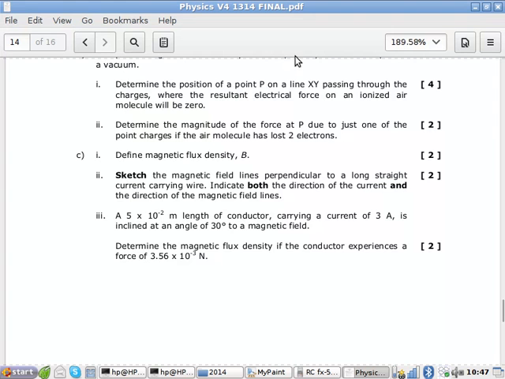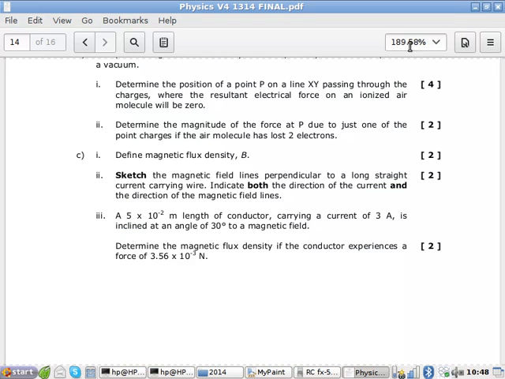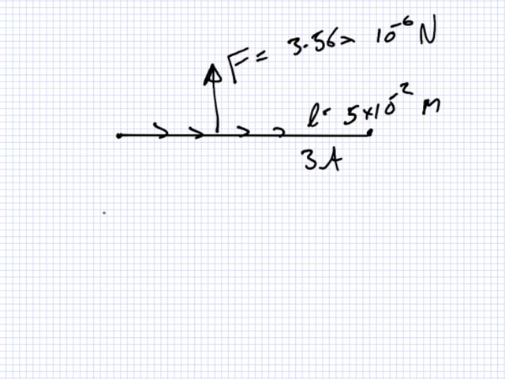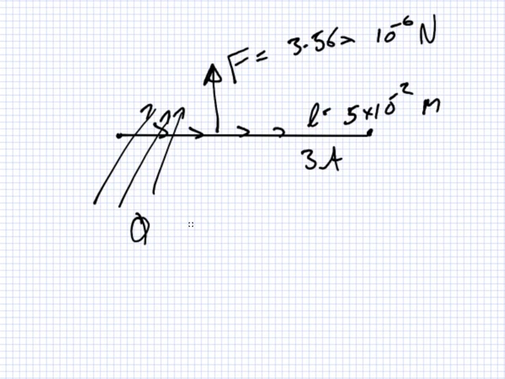So there is a formula here. I wonder if you remember which one it is. This one here is F equals BIL. You know the F, you know the I, you know the L, and you want the B. Although this one's at an angle, so this has a sine theta in it as well.